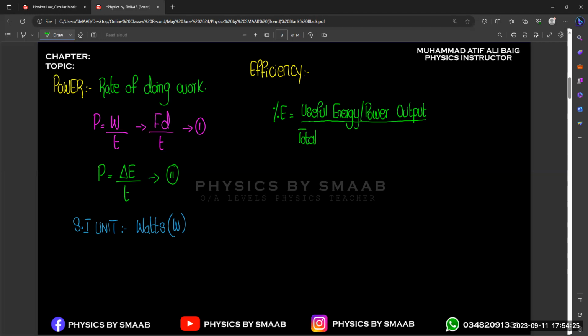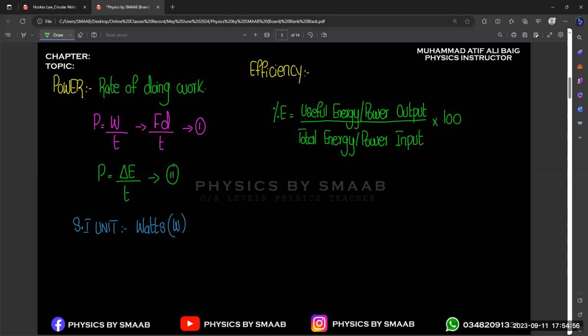Just like the process we already discussed, that potential energy is the total energy, then it converts into kinetic plus thermal. So thermal is the wasted form of energy, kinetic is the useful one. Then multiply by 100 to convert it into the percentage, right?